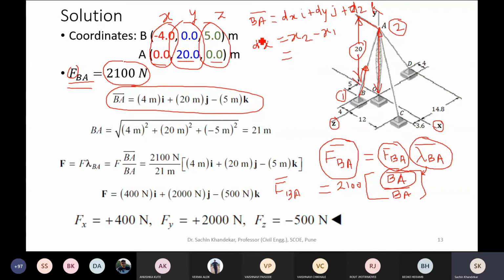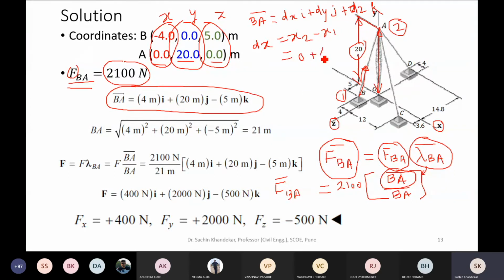So what is x2? X2 is the x coordinate of the second point, that is A, which is 0, minus x1. What is x1? The x coordinate of the first point, where the first point is B, which is minus 4.